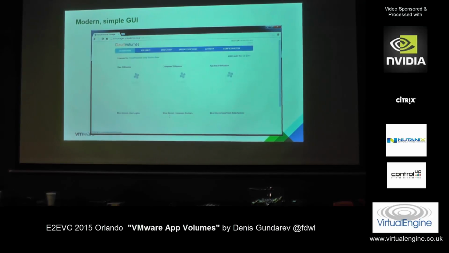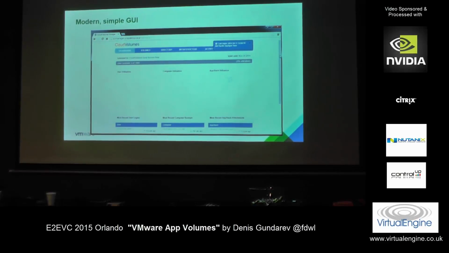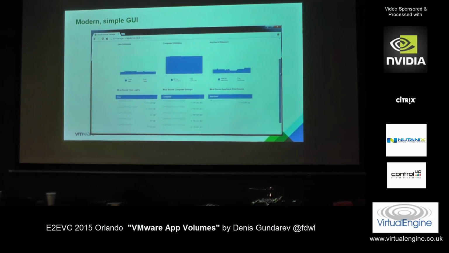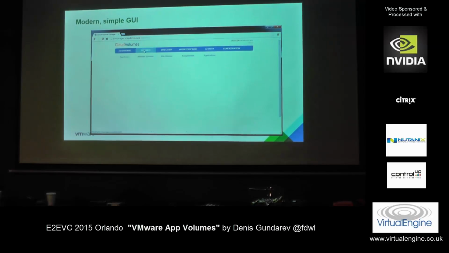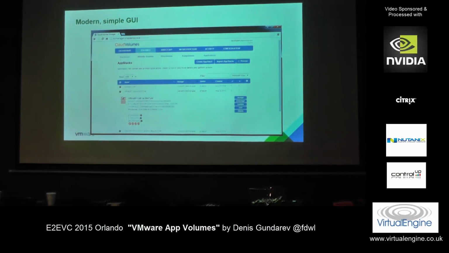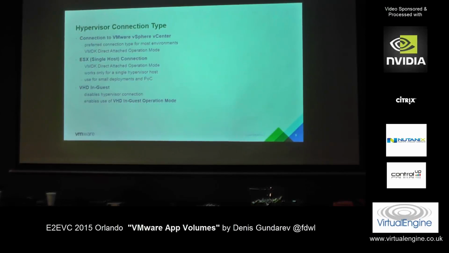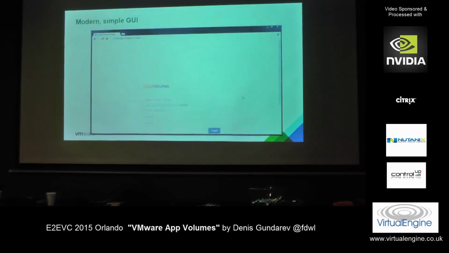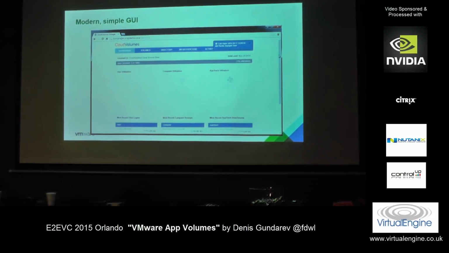It's not very clear, but basically this is the GUI of the manager. And on this screen you can see utilization. You see, it's an old video with cloud volumes.